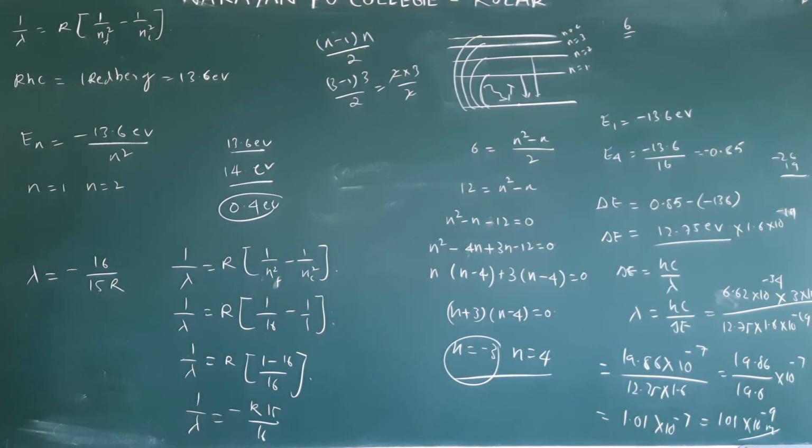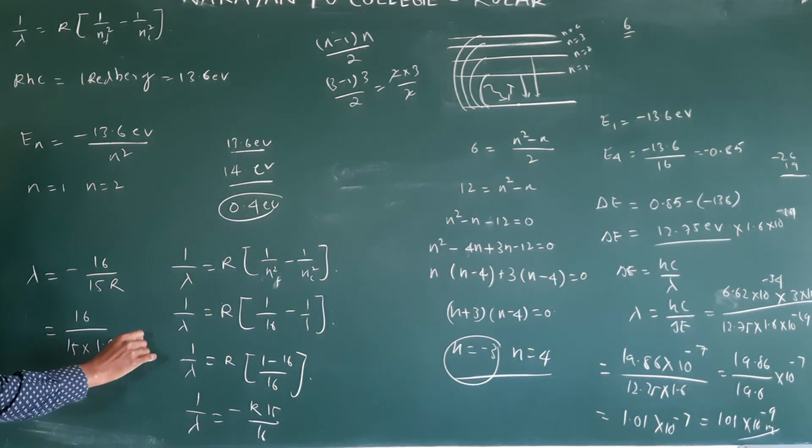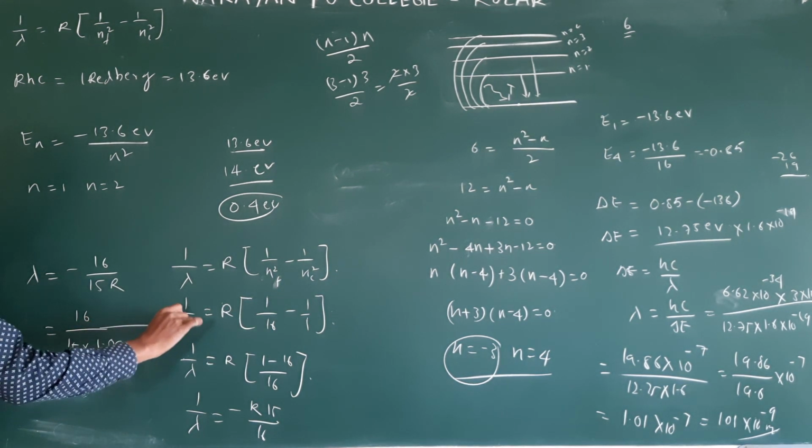So we are just trying to calculate this one: 16 divided by 15, we can write 16 by 15 into 1.097 into 10 power 7.